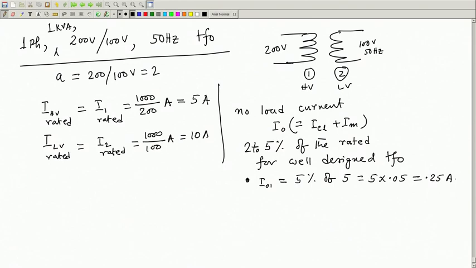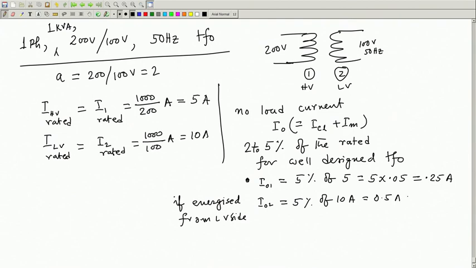Same transformer, if you energize from the LV side, the no load current will be I naught 2. If energized from the LV side, I naught 2, the no load current, will be 5% of 10 ampere. Are you getting? That is 0.5 ampere.